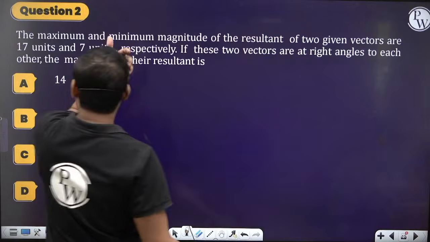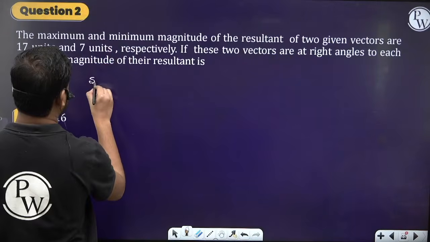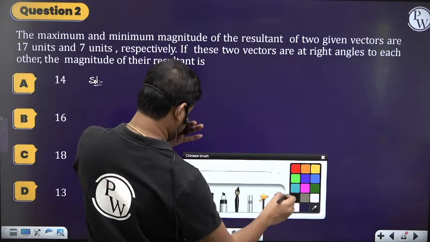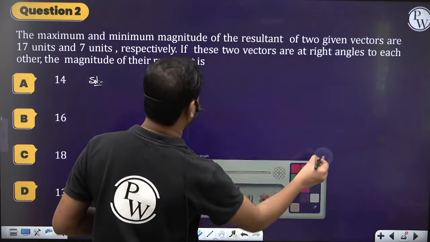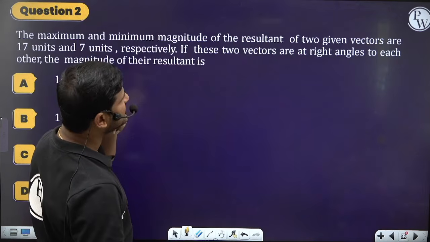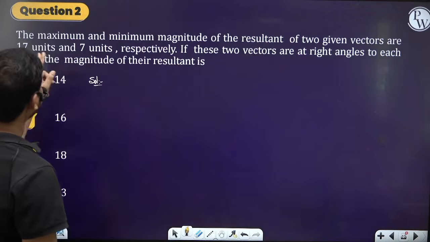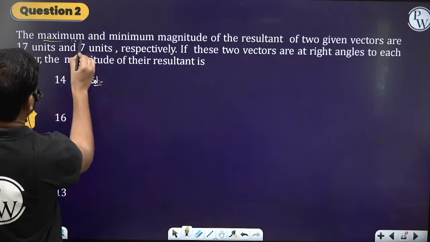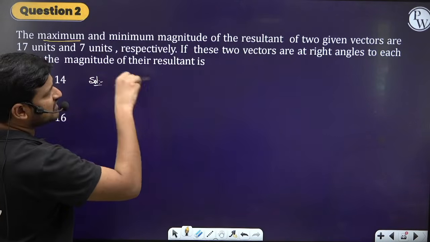So let's take one question. What does the question say here? First try to understand the given question. The maximum and minimum magnitudes of the resultant of two vectors are given as 17 and 7 units. So understand this statement properly. What is the maximum magnitude of the resultant?